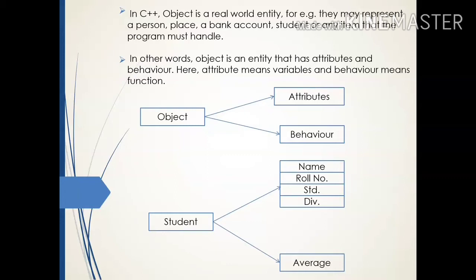So here class is ATM and object is debit card. Unless and until you use your debit card, ATM will not work. So this is another example of an object.